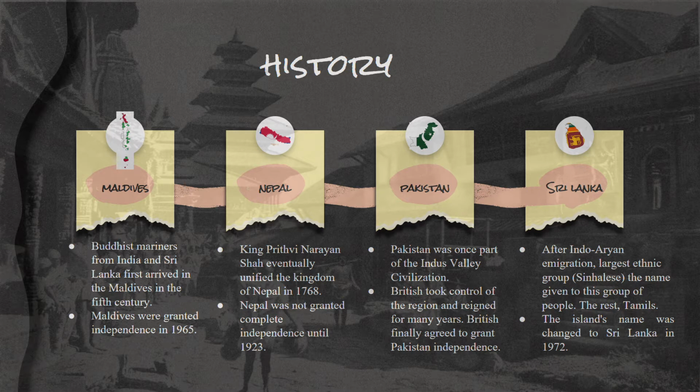The Portuguese obtained control of the region, and then the Dutch East India Company took sovereignty. It was seized by the British and became an English crown colony. The Ceylonese leaders established a self-governing Commonwealth of Nations Dominion. The island's name was changed to Sri Lanka in 1972.